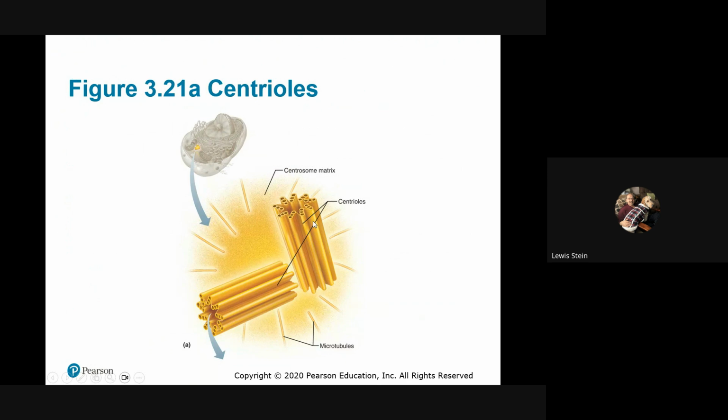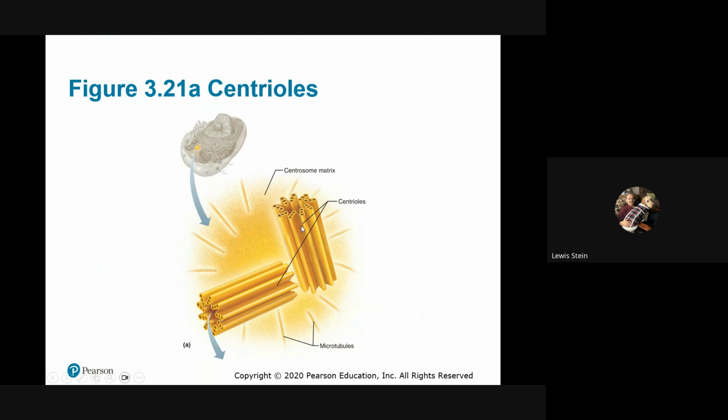Classically, the centrioles are a really important basis for what we would call evolutionary biology. When you were in high school and looked at things in pond water that moved around, that had flagella, or amoebas, when they looked at the flagella or the cilia of those tiny single-celled organisms, they had this arrangement.